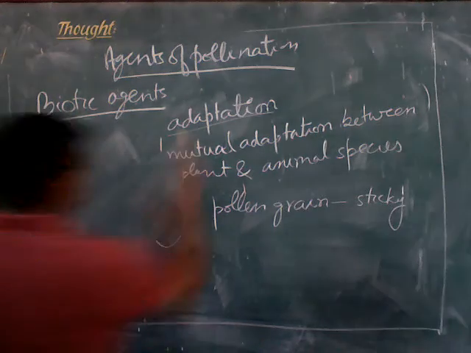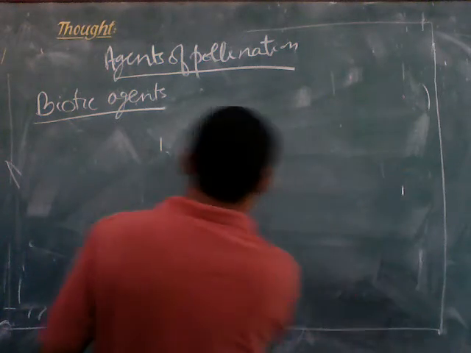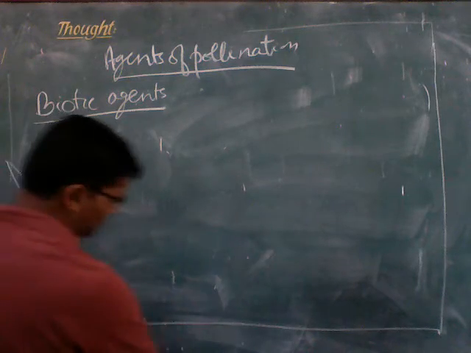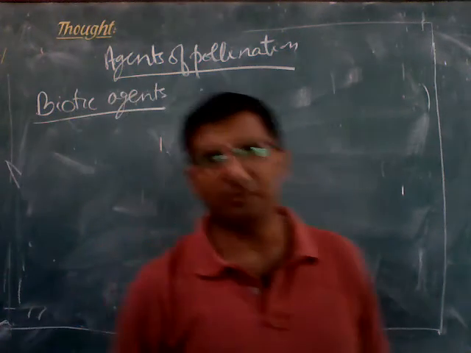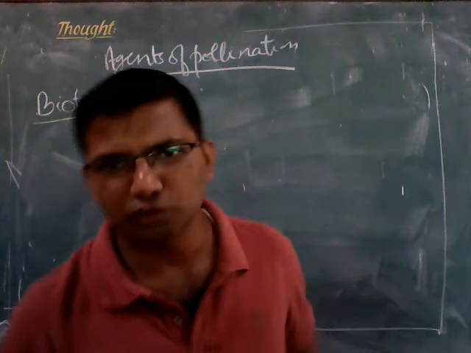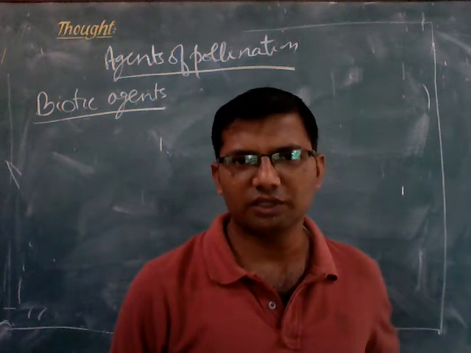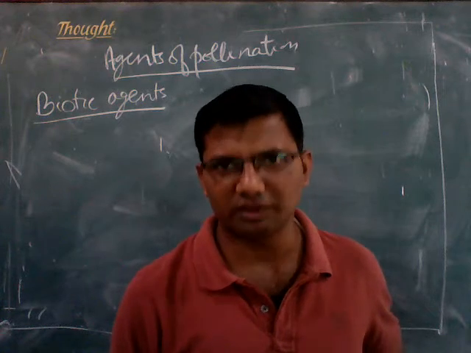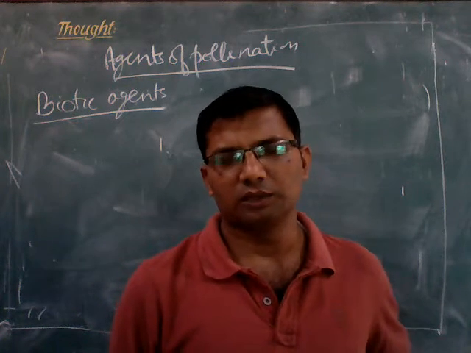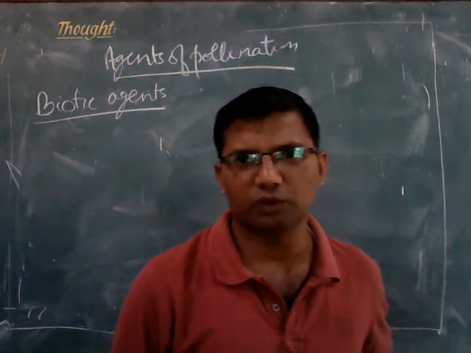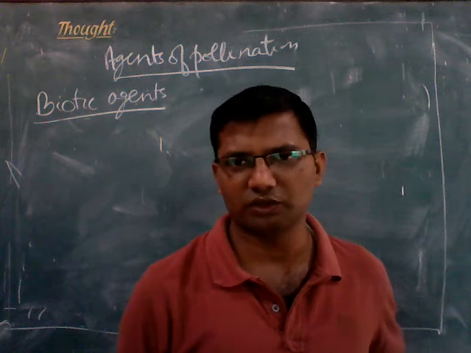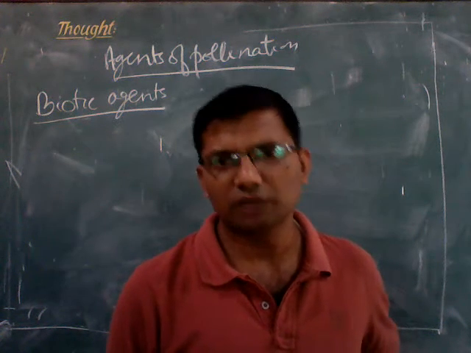Now, what are the features which are required for these flowers? These flowers also should have certain modifications, and if the flower has these features, it will be easier for the flower to undergo pollination with the help of the organisms. So what are those features?